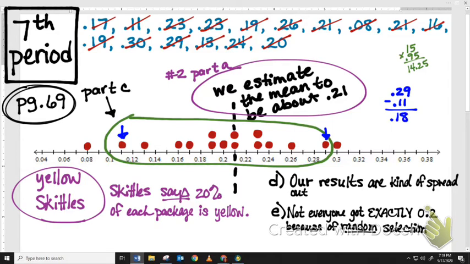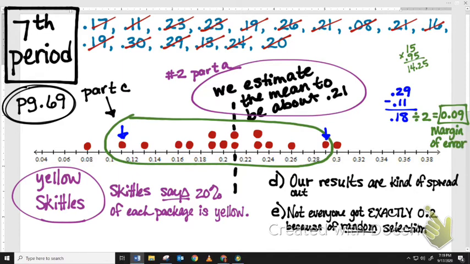And then I'm going to split that distance in half so that I can look at that far on either side. So I'm going to take 0.18 and I'm going to divide it by 2. What would that give me? 0.09. This is our margin of error.